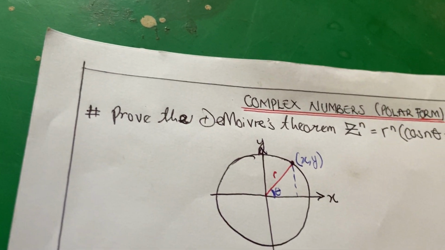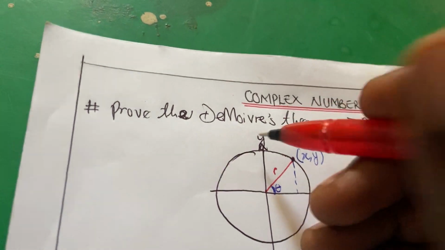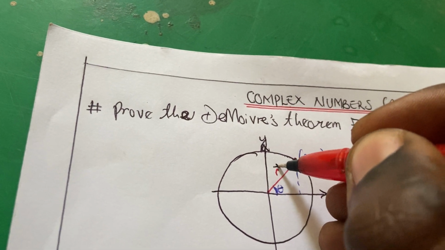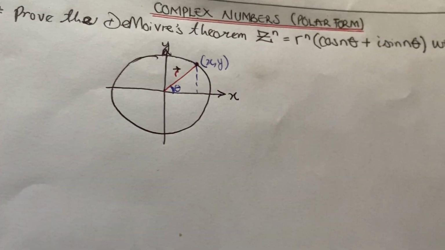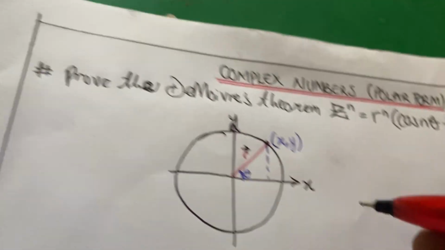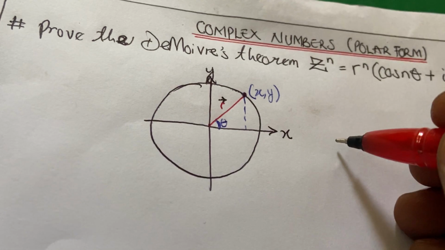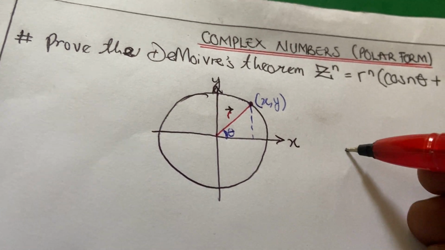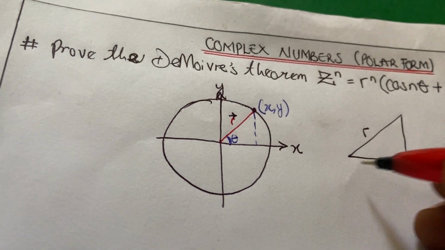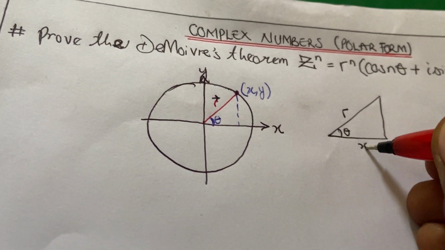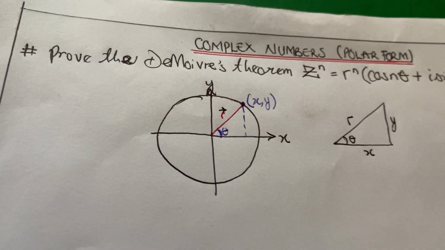Now let's resolve r. Let's say r is a vector quantity. Let's resolve it to the y and to the x coordinate. What we have right now is a right angle triangle. We have r here, then theta, then x, and this y.